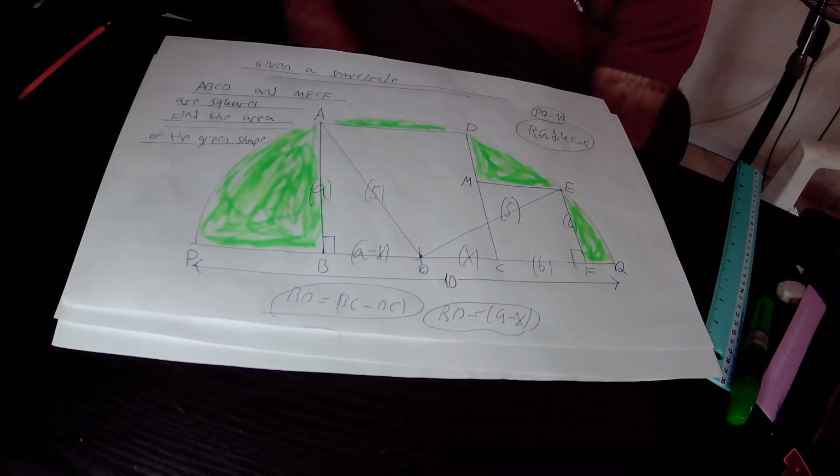In the next step, I present to you the second question. We solve the second question of this lecture. In the second question, our task is to find out the area of this green shape.